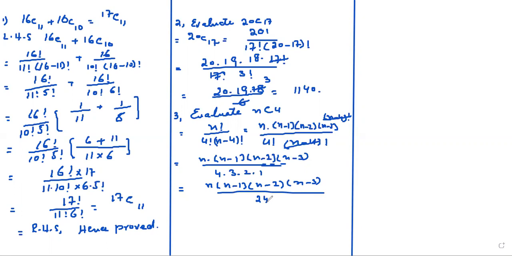Now find the value of n, number 4. Find n if NC5 is equal to NC4. Right, so just doing it.